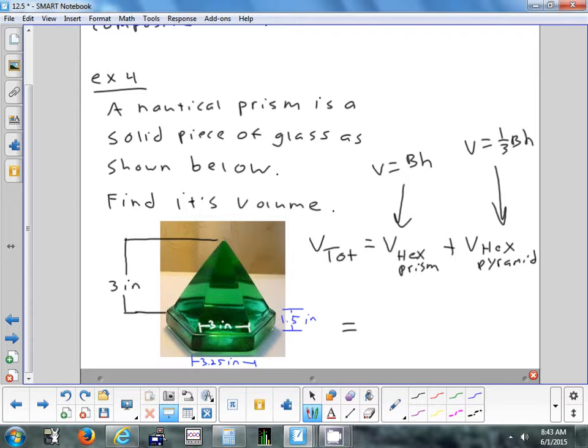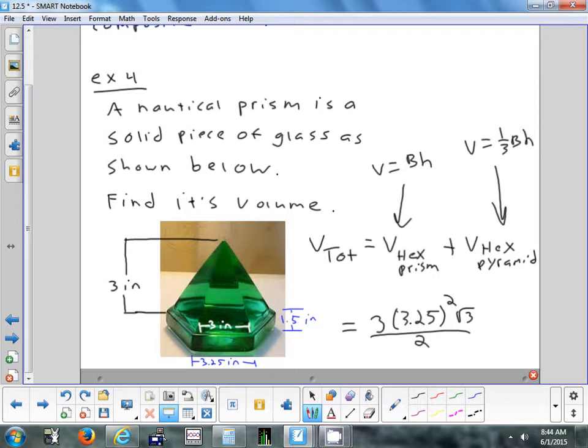Okay, let's start with the prism. Area of the base. Use your formula for the area of a hexagon. The length of each side of the hexagon on the base is 3 1/4. So that's 3s squared times the square root of 3, divide by 2. That's the area of the base.